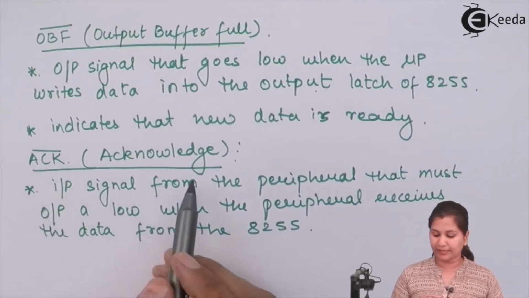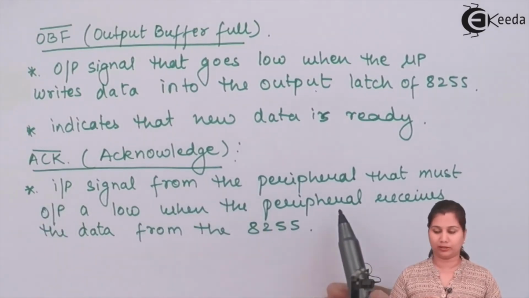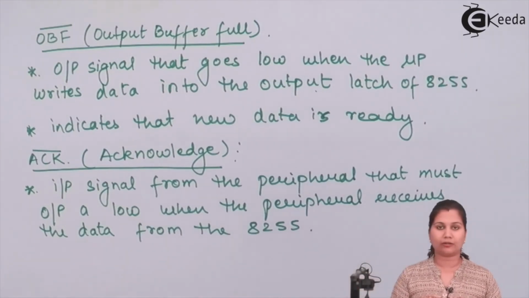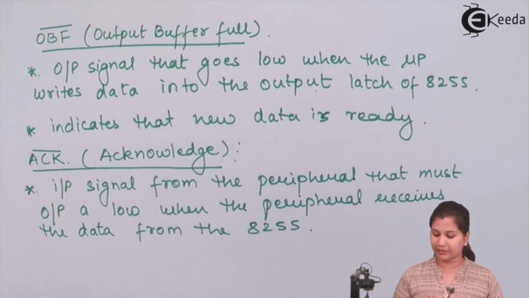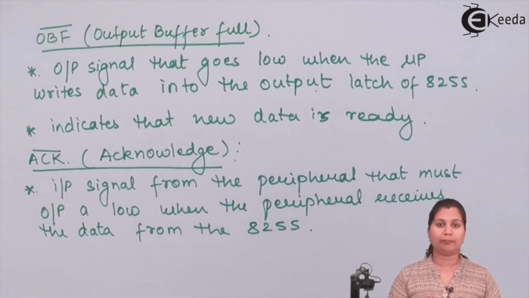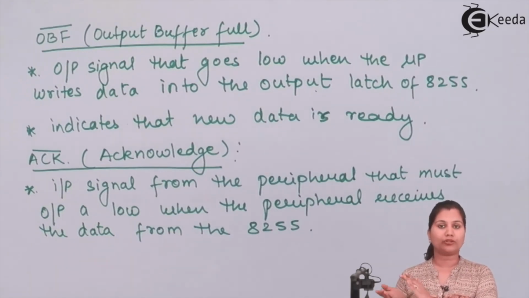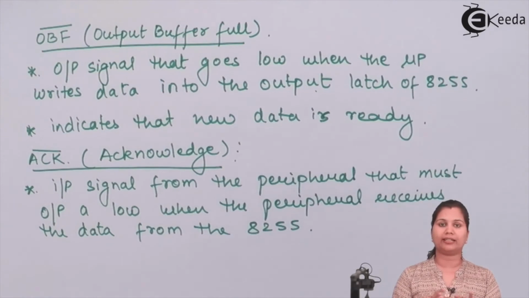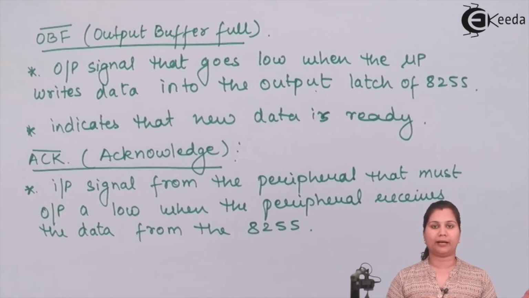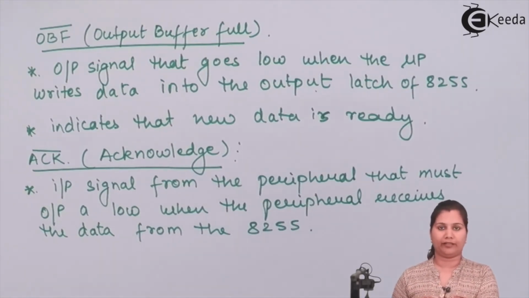So the peripheral device will send an input signal to say that it has received the data byte from the 8255 ports. The data byte was sent by the microprocessor to the 8255 and is available at the output latch, and it has been read by the peripheral device. Now the peripheral device generates the input signal, acknowledge, that it has received that data byte, so that the microprocessor gets to know that the data byte has been sent to the peripheral device.